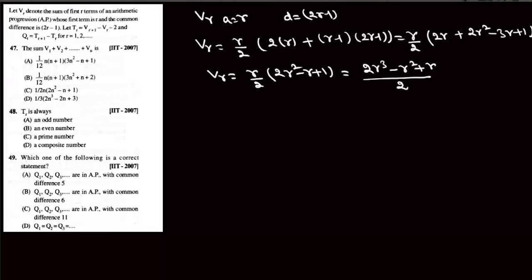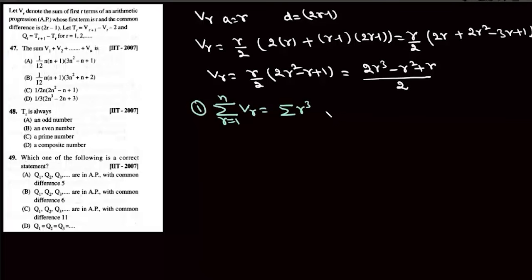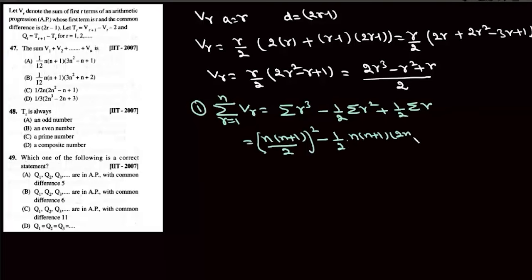So for this first part, we need to find the summation, R varies from 1 to n, of V_R. So it will be simply summation R cube minus 1 by 2 summation R square plus 1 by 2 summation R. Now this is (n(n plus 1) by 2) square, this is 1 by 2 n(n plus 1)(2n plus 1) divided by 6, and this is 1 by 2 n(n plus 1) by 2.